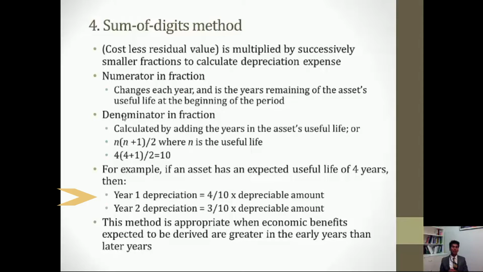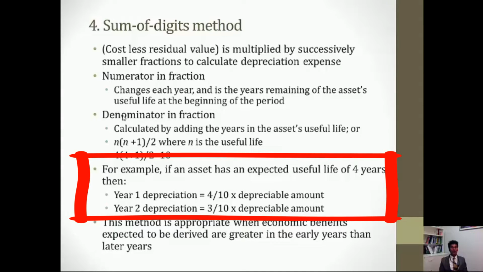The depreciable amount is 2000 and the acquisition cost is 2200. So 4 divided by 10 times 2000 is the depreciation expense for the first year. For the second year, similarly, we take the second last digit, 3 divided by 10 times 2000.